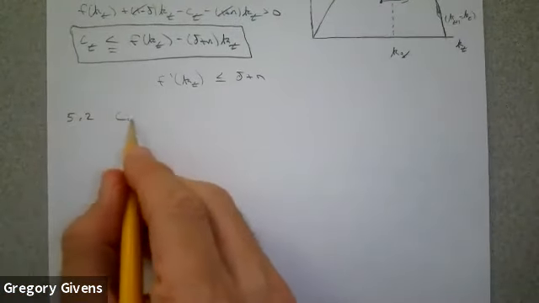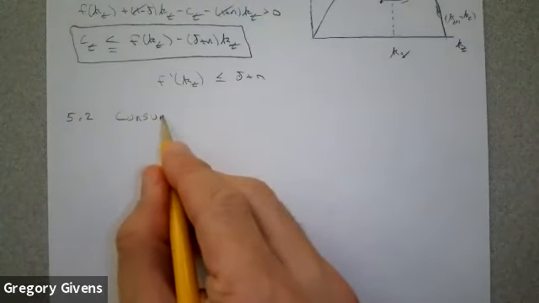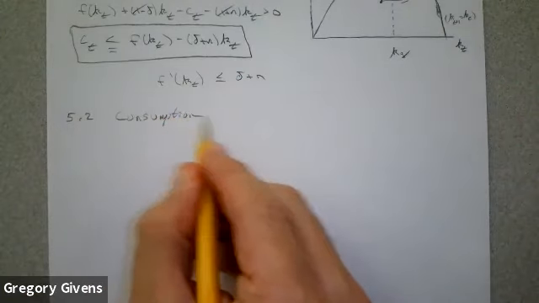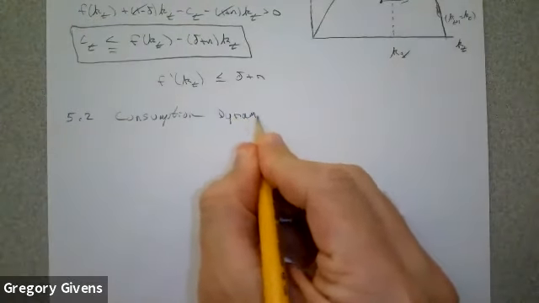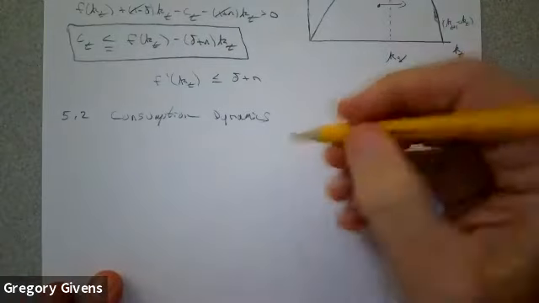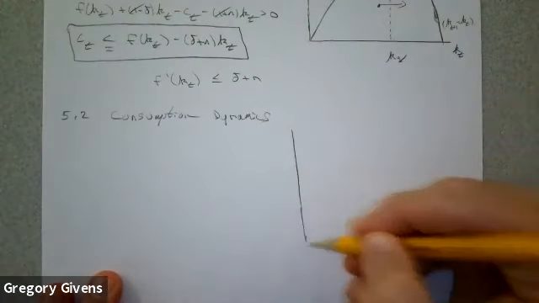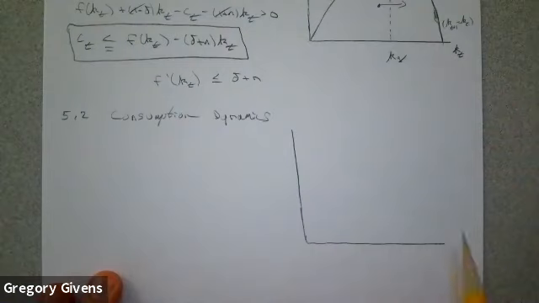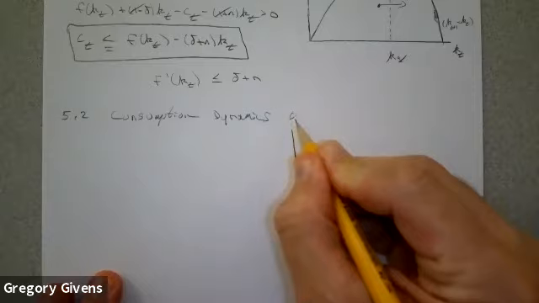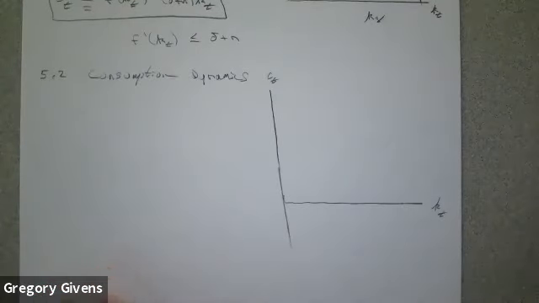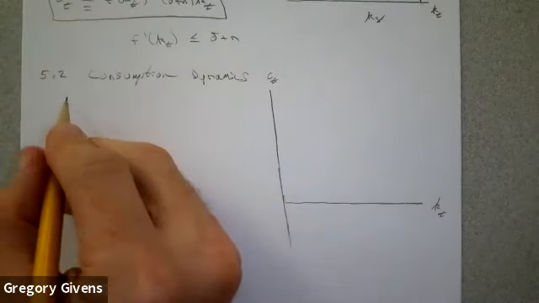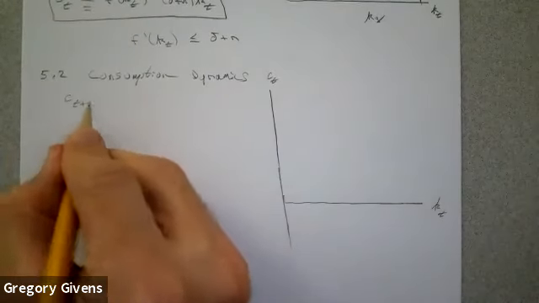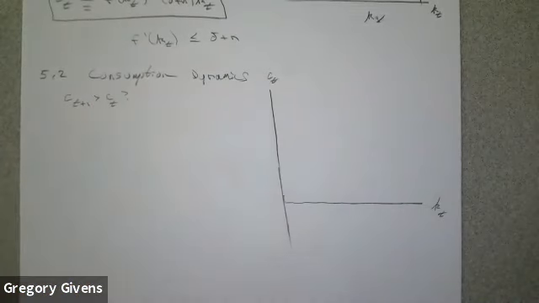How about consumption dynamics? Let me do the exact same type of thing. Can I identify regions of K_t, C_t space such that consumption is growing over time?